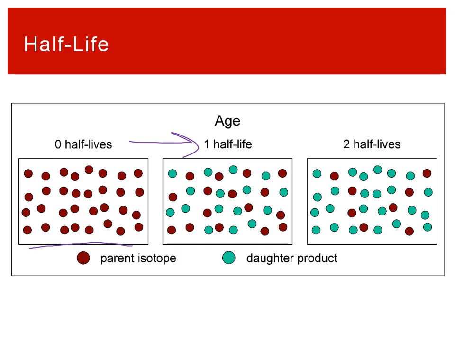Then in moving from the first to the second half-life, half of what is still red now becomes green after that second half-life. So you'll note there's still some red present. One of the things to note is that after 2 half-lives, you're not done. It's a multiplication factor, not a subtraction. So you multiply by 1/2, then again, you multiply by 1/2.